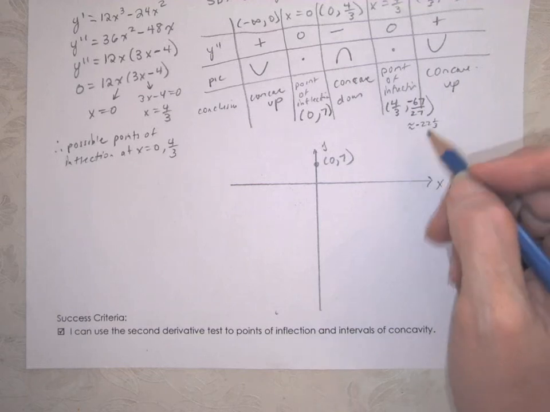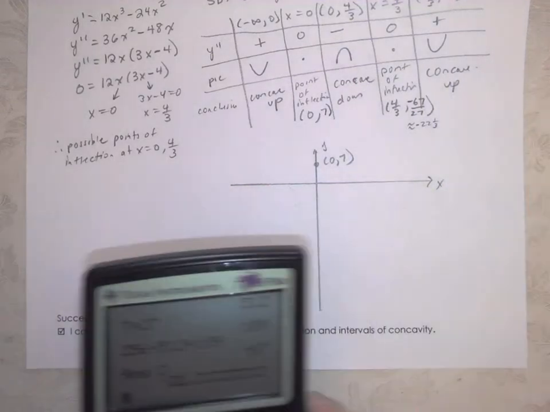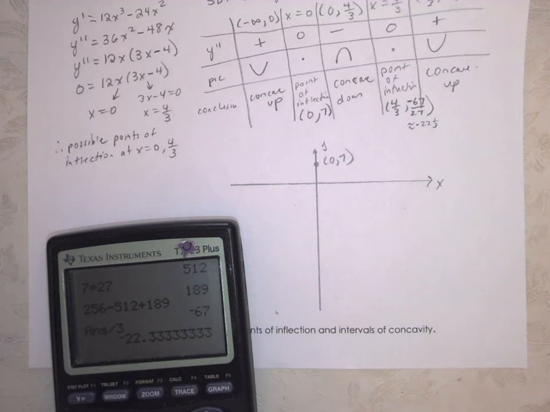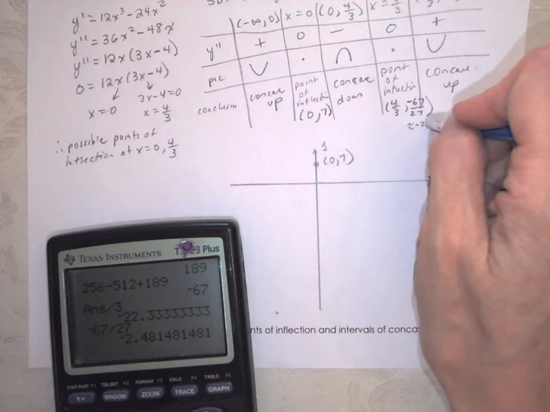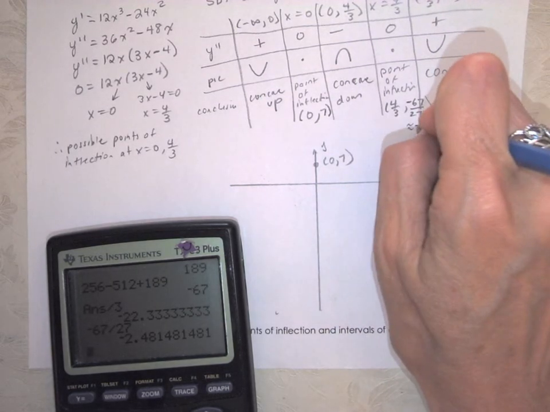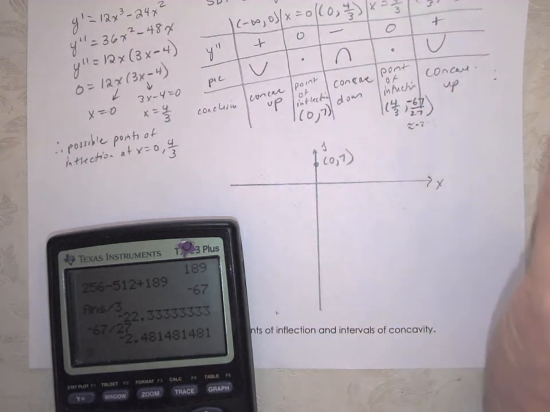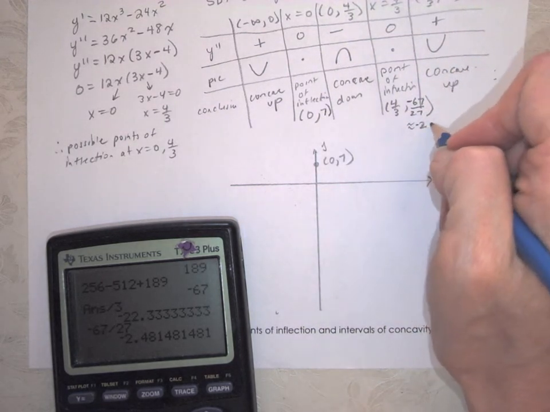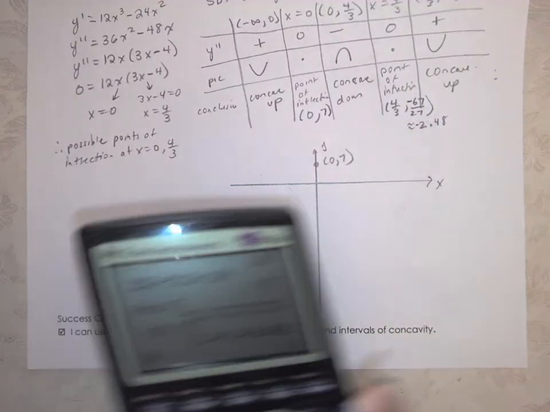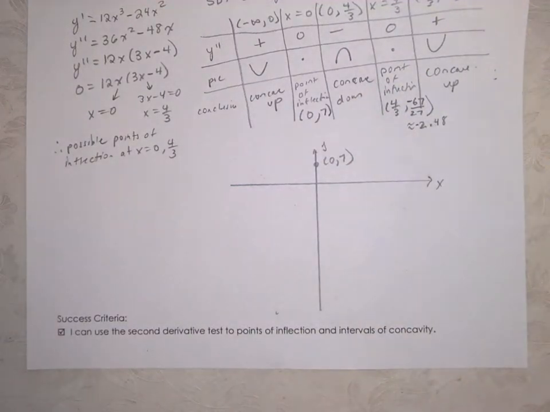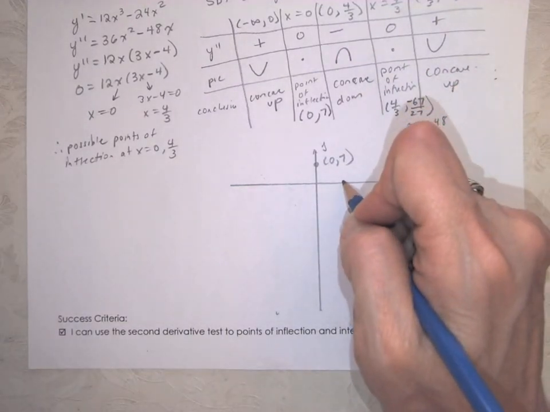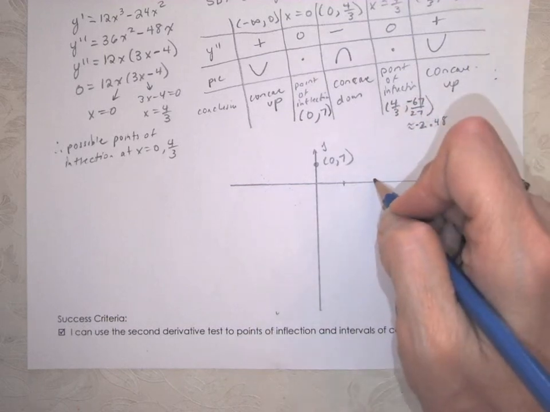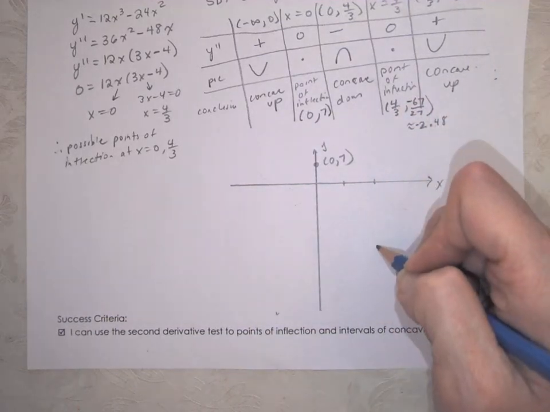Sorry, negative 67 over 27 is not negative 22 1/3. Negative 67 over 27 is actually negative 2. That wasn't going to make sense. I could see when I was drawing it. So negative 2.48 approximately. So here's say 1, here's say 2, so 2 and negative 9.